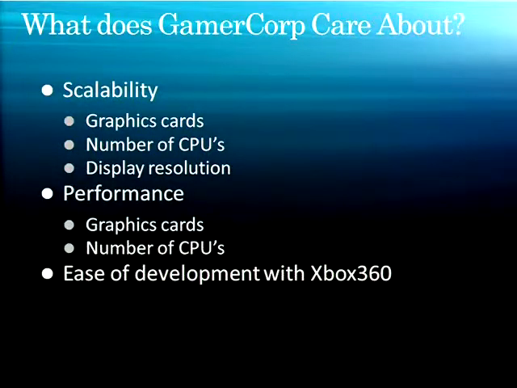Number of CPUs. There's certainly been a ton of talks about multi-core and many-core at this conference. We know that multi-core and multi-CPU is just becoming a way of life. Even my laptop has 2 CPUs in it. So again, we want to make this scale so that it can really take advantage of the more CPUs your end user has. And then display resolution. Another trend that everybody has noticed is lots of people have laptops with very small screens.